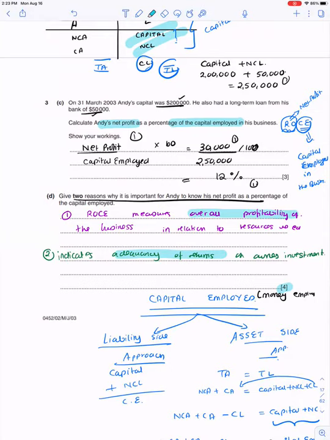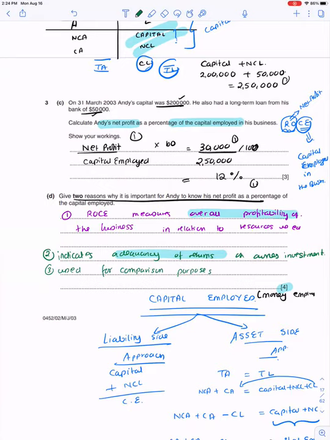It enables us comparison against other investments and earlier years. Return on capital employed is used for comparison purpose. You can compare your returns with the returns of other years, or with other businesses.